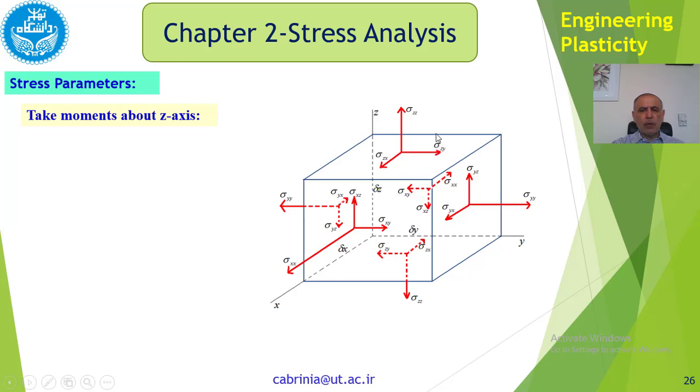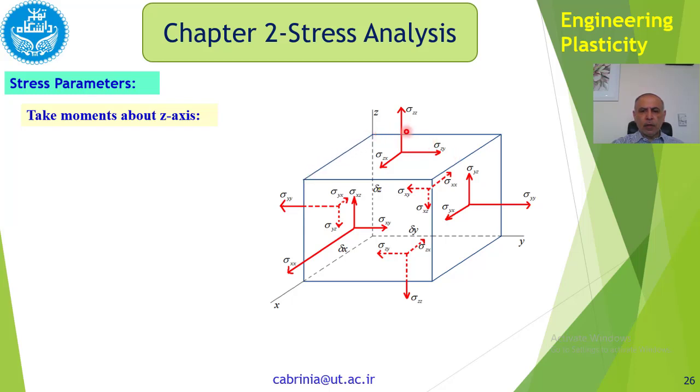Now here obviously moments has to do with forces. Therefore we must multiply sigma by the area to get the moment. So for instance, sigma zy in here: sigma zy multiplied by this area, and this area has delta x and delta y.